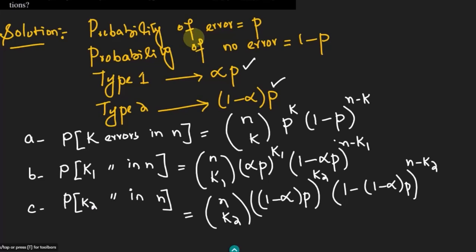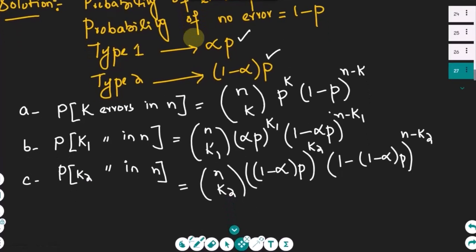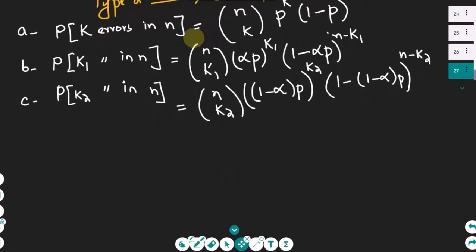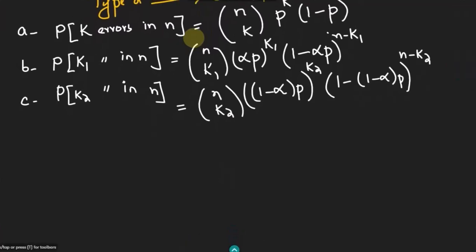Similarly in part D, we have to find what is the joint probability of k1 and k2 type 1 and type 2 errors respectively in n operations. So in the last part, we have to find the joint probability, the probability of k1, k2 in n operations.